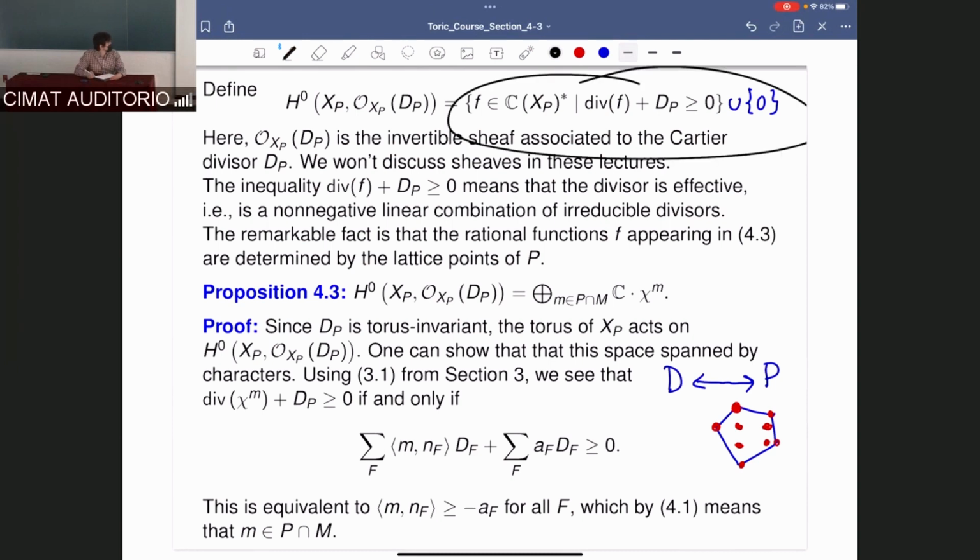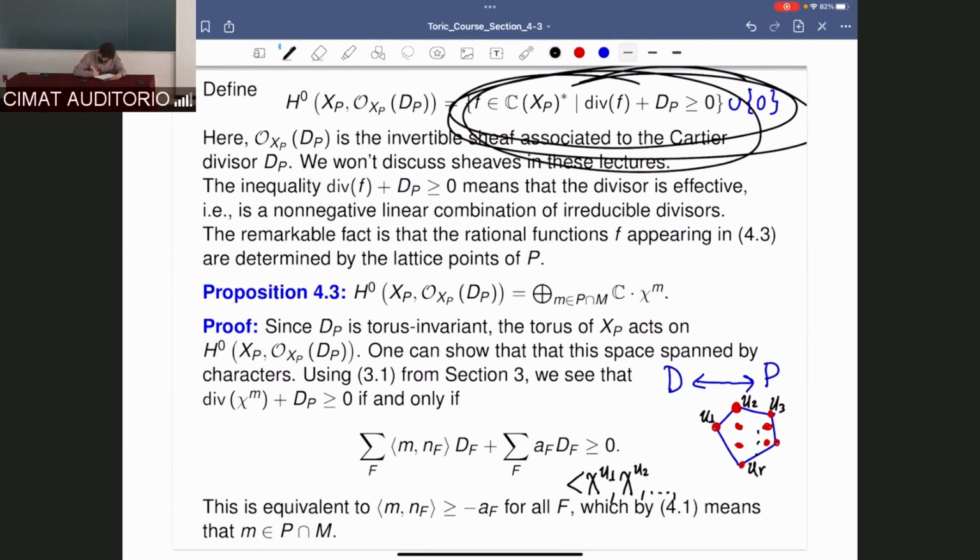If these guys are u sub 1, u sub 2, u sub 3, and so on, after u sub r, the basis as vector space for the space of sections is chi to the u1, chi to the u2, up to chi to the ur.